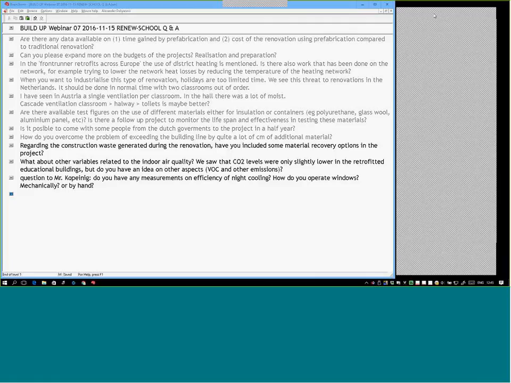So take care about this. And of course, it would be nice to measure the efficiency of night cooling, because this would maybe be a big thing worldwide, but we didn't do it at the moment. We just simulated it before.